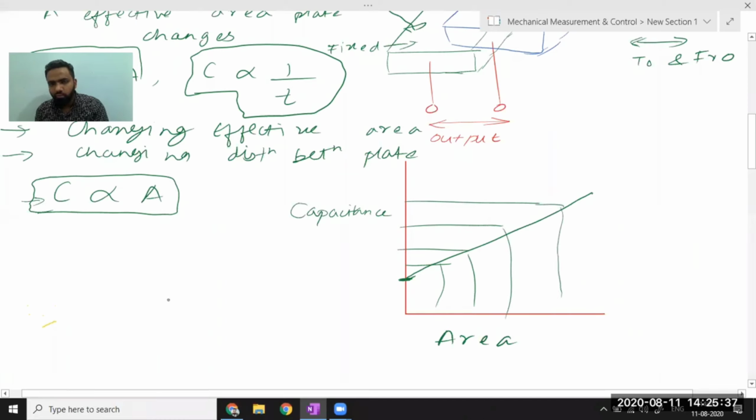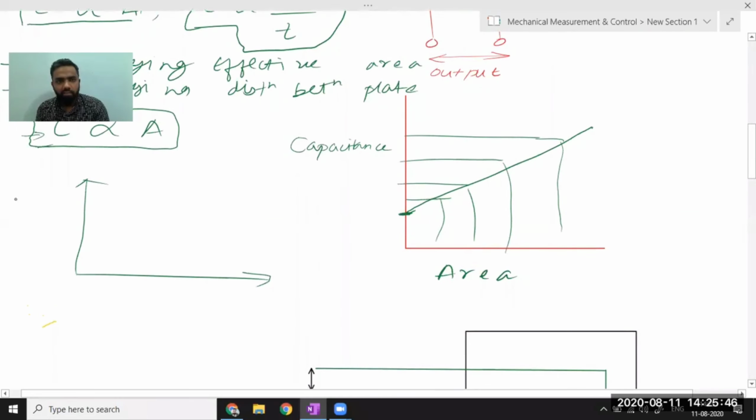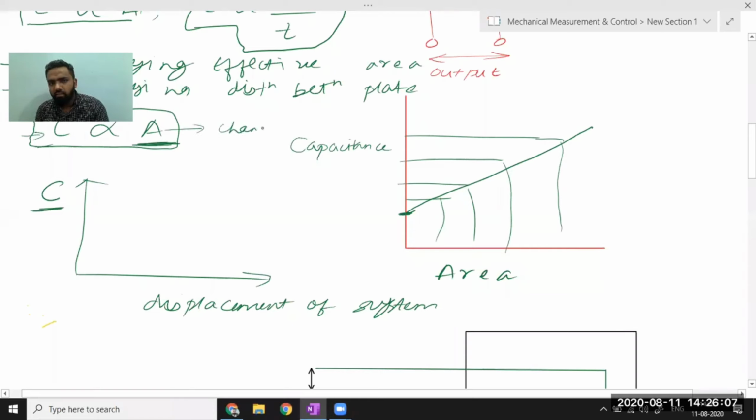Now I can also plot this in a different way. Suppose this is my capacitance and this is the displacement of the system. We know that when effective area changes, capacitance will change, and effective area changes due to change in displacement.